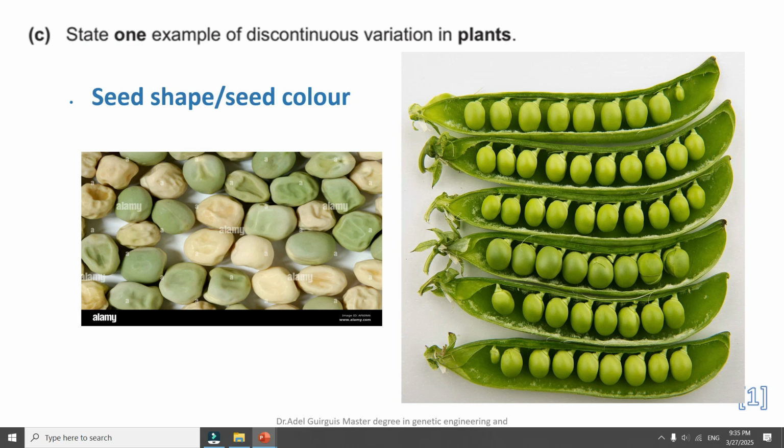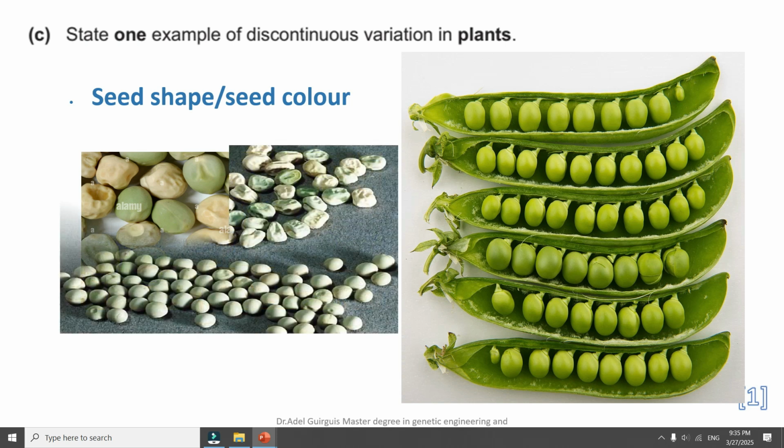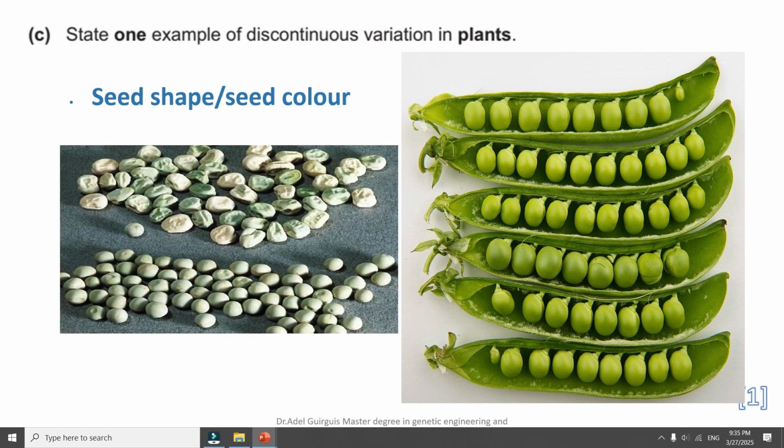Green and yellow, no in between, either green or yellow. Wrinkled or smooth, round, here wrinkled, no intermediate between these two characteristics.